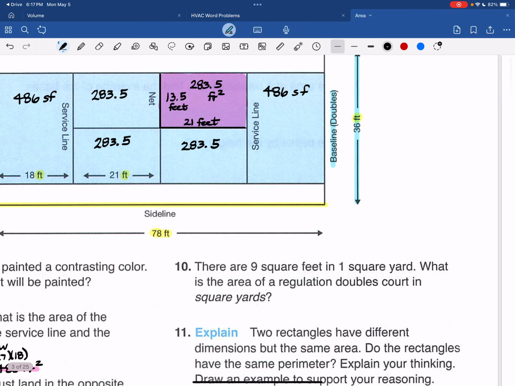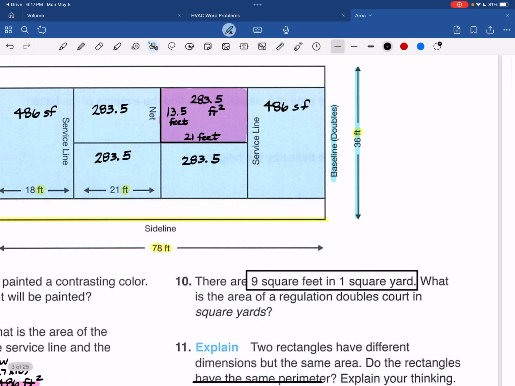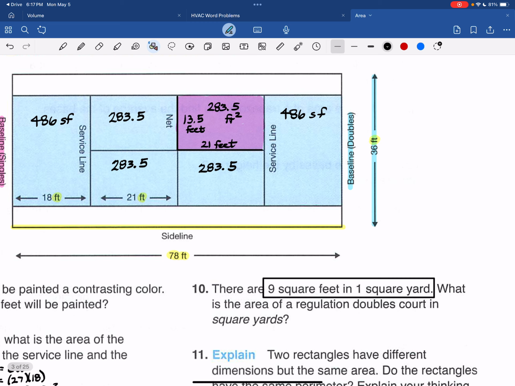All right, there are 9 square feet in 1 square yard. That's a conversion. And as soon as I see it, I think of a ratio proportion problem. But we'll see. What is the area of a regulation doubles court in square yards? So the first thing we need to do is find the area of a doubles court.